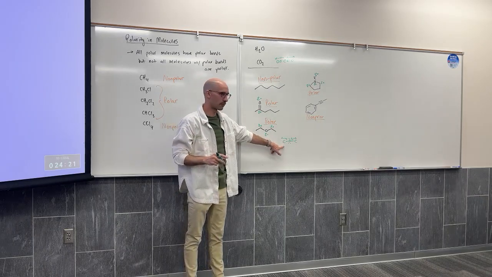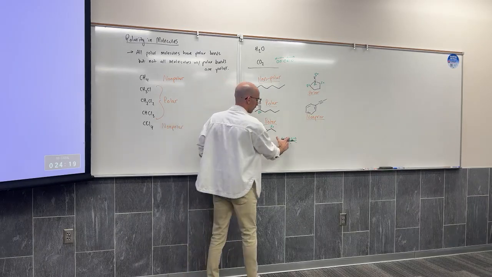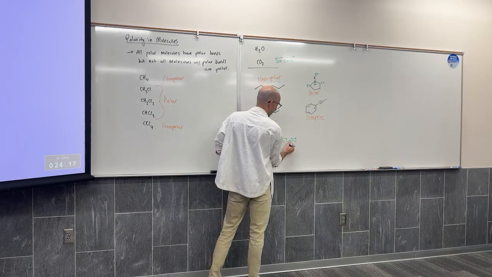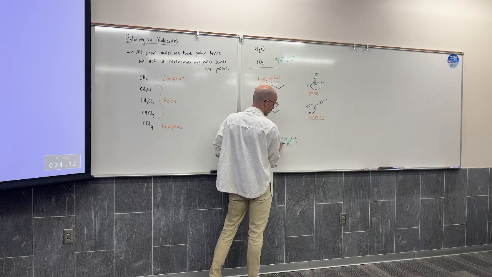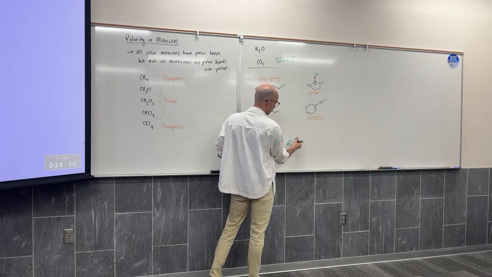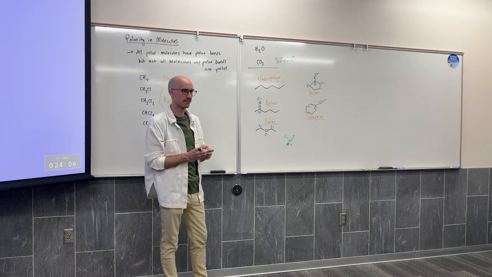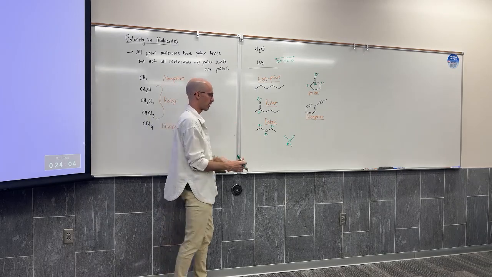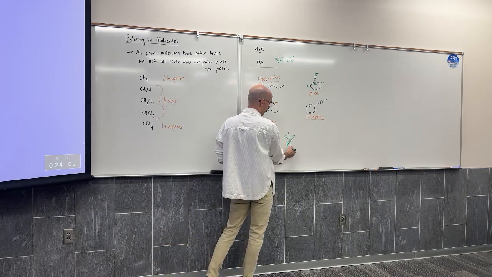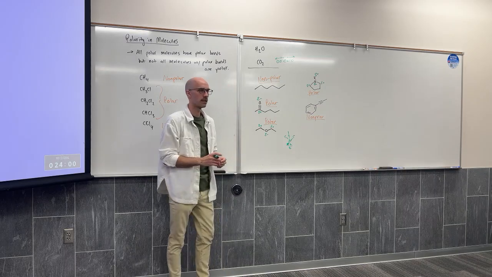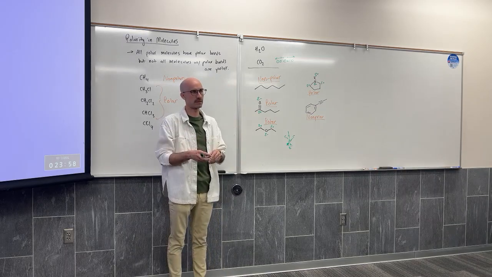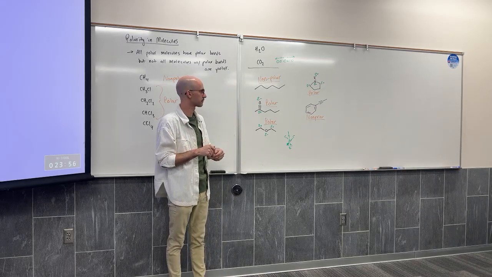But this is not really its true orientation. Instead, one of those lone pairs might come out of the plane of the board towards us, one of those lone pairs goes into the plane of the board, and then we can show those carbons being in the plane of the board. And now I've got a net dipole. The two carbons sum together to give us that.